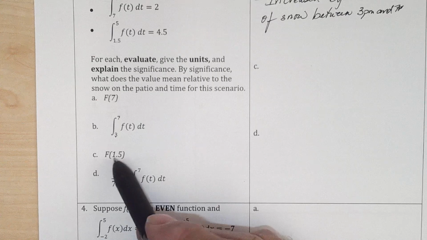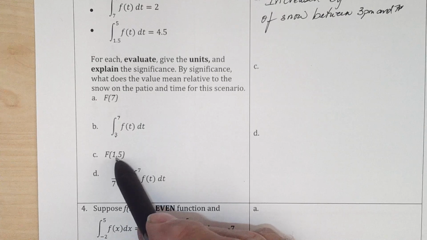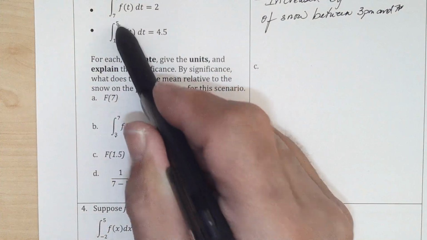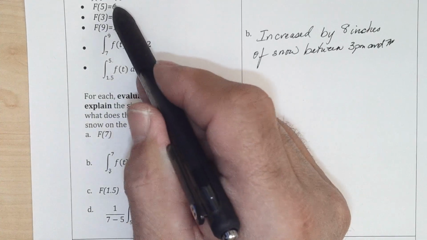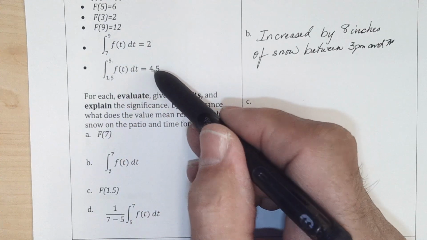C. How much snow was there at 1:30? Well, from 1:30 to 5, it went up 4.5 inches. And at 5, it was 6.